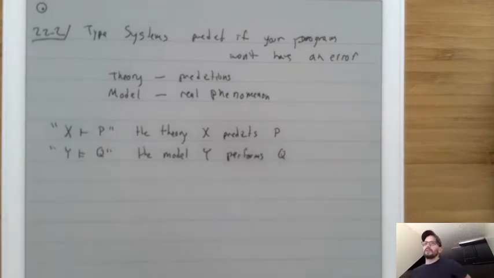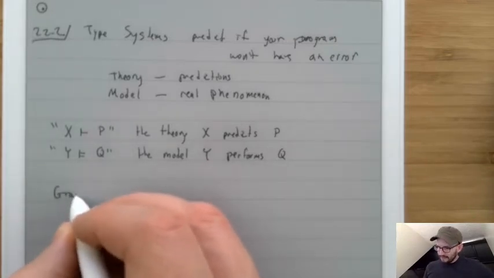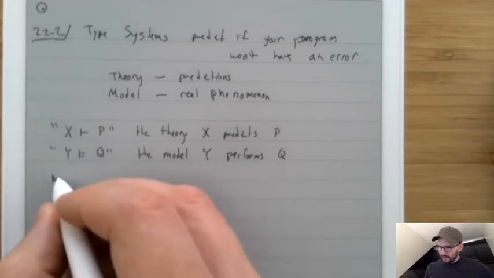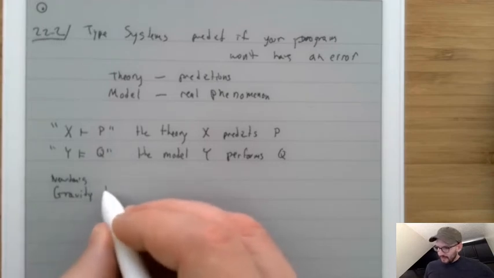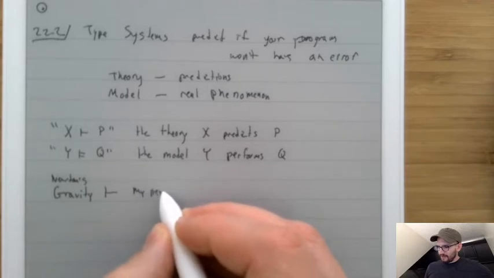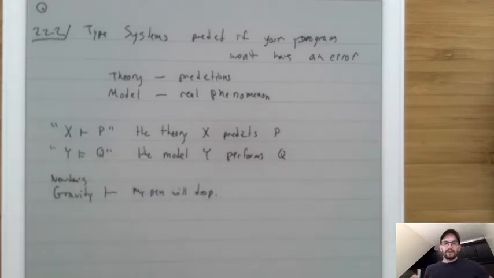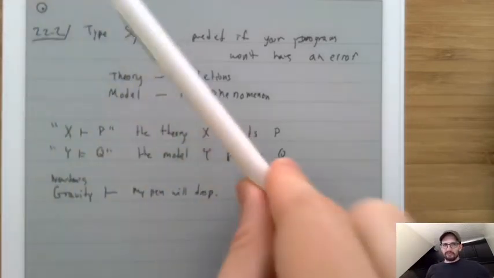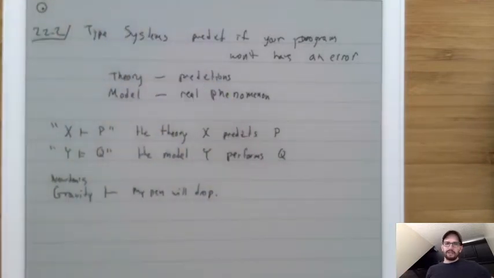So here's an example that I think will be familiar. We might say that gravity, and when I say gravity, I mean the Newtonian theory of gravity, predicts that my pen will drop. So Newton's gravity predicts that if I take this pen right here and I drop it, I let go of it, then it's going to fall and touch the tablet.